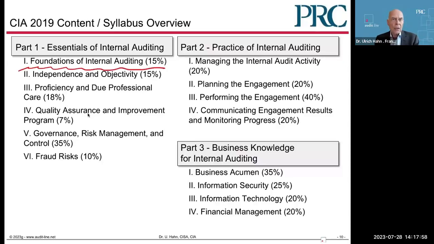The first thing here, for example, you have the standards 1100, you have 1200, you have 1300. This is a lot about COSO. I would say this is intro and 1000. So you have a certain overlap between the professional practices, which is clear, and what the exam does ask from you.